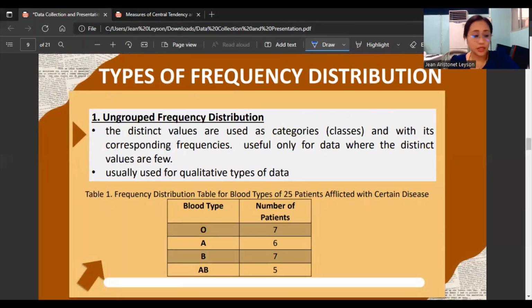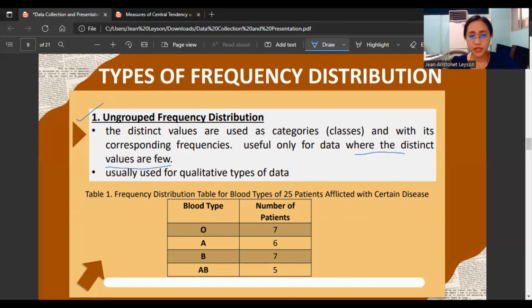So there are two types of FDTs, or frequency distribution. The first one is what we call the ungrouped frequency distribution. The distinct values are used as categories or classes, with their corresponding frequencies. This is useful for data where the distinct values are few and usually used for qualitative types of data.